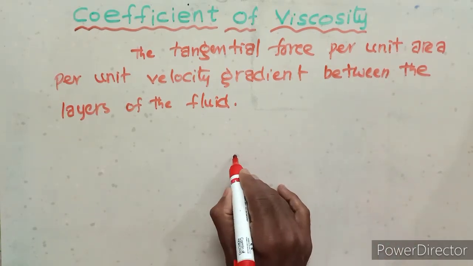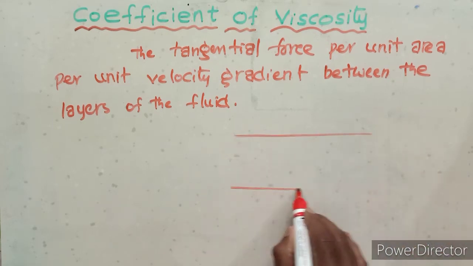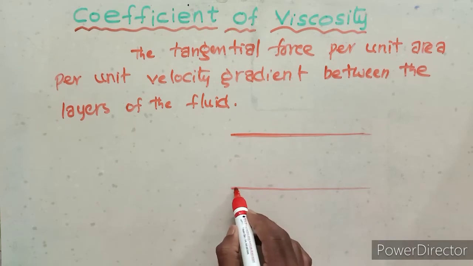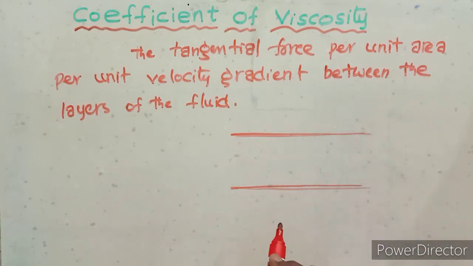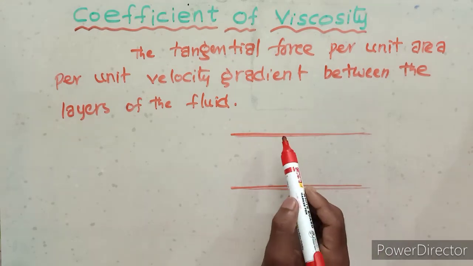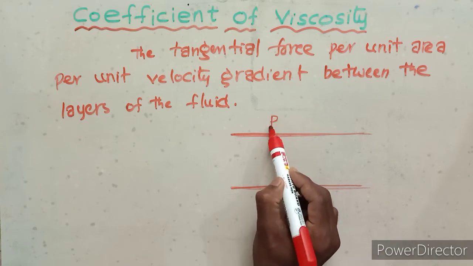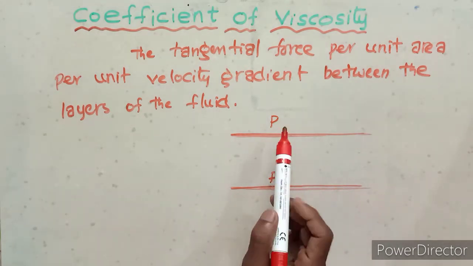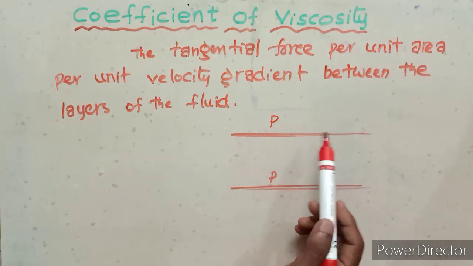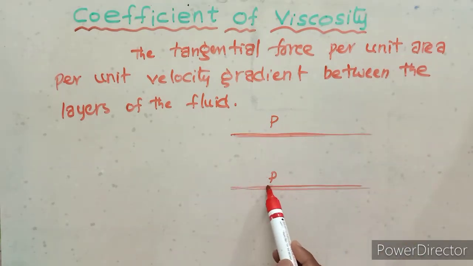So let us consider these are two layers in fluid. So some momentum here, some another momentum here, some momentum due to upward layer, some momentum due to downwards layer.